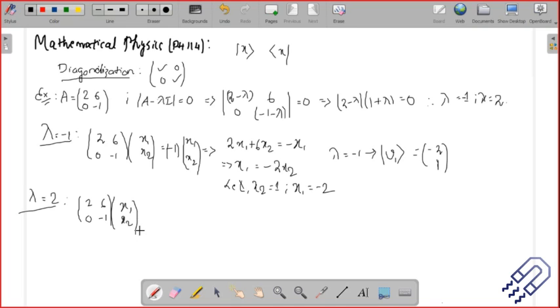The matrix 2, 6, 0, minus 1 times x1, x2 is equal to 2 times x1, x2. This implies 2 times x1 plus 6 times x2 is equal to 2 times x1. Sir, for lambda equal to minus 1, should we take a normalized form of that? Yes, we can take normalized, but we're in diagonalization here.